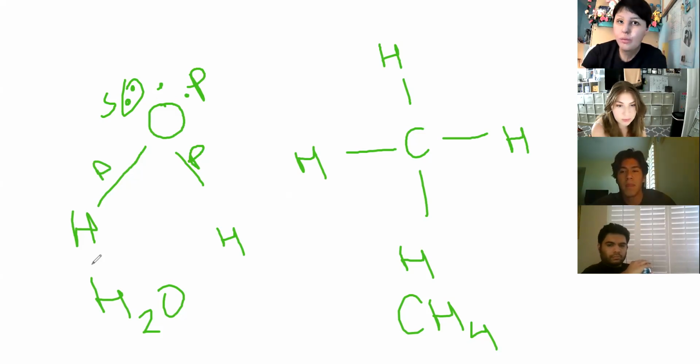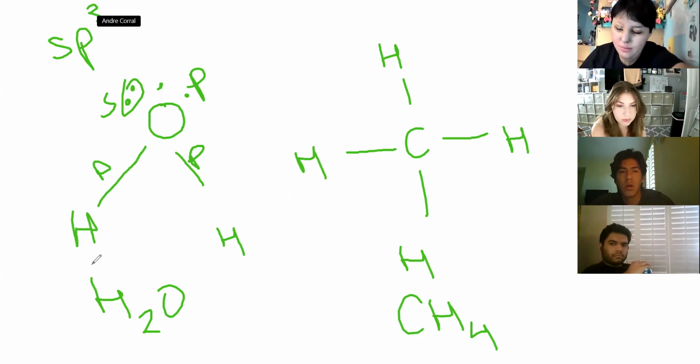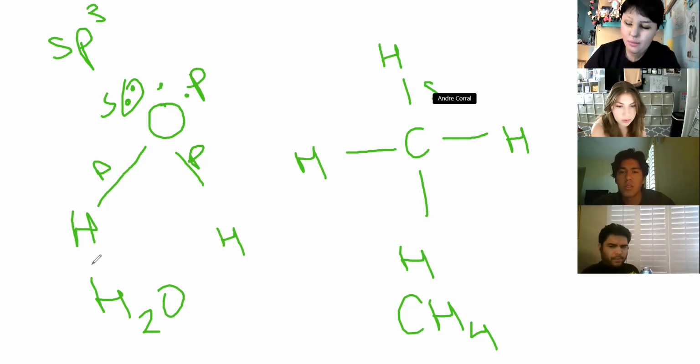That's why water is SP3 hybridized, because we look at the central one, okay? So SP3. Well, what about methane? It'd also be SP3. If you notice, it's also SP3.